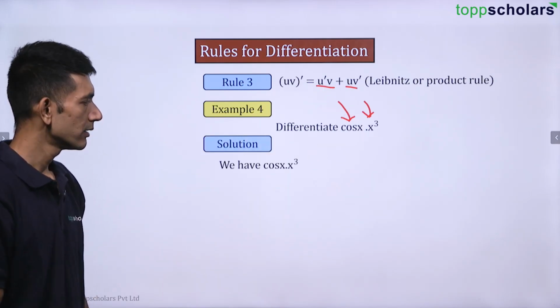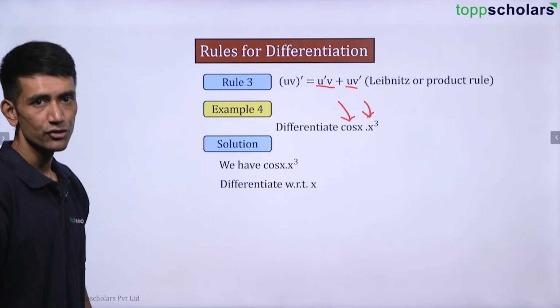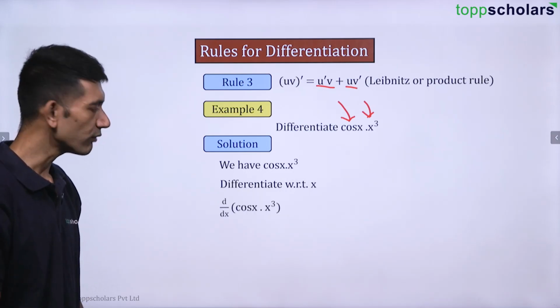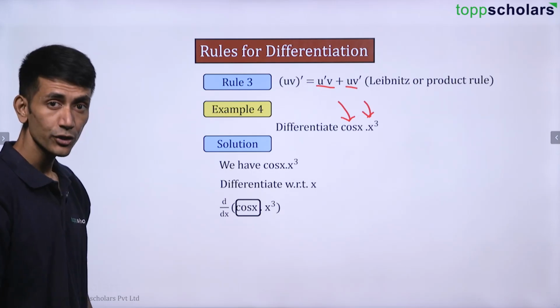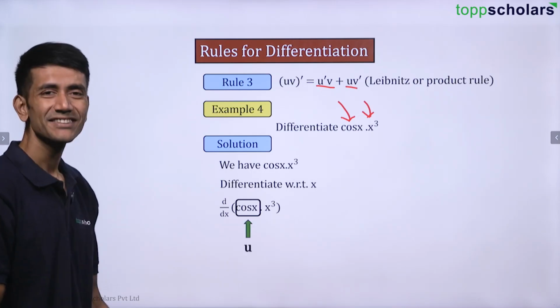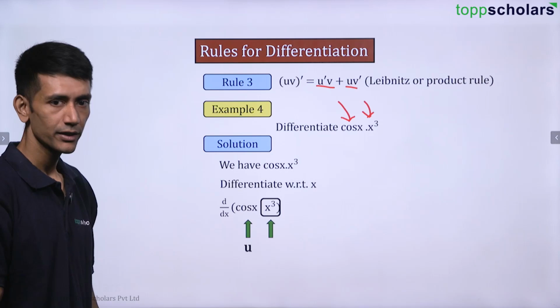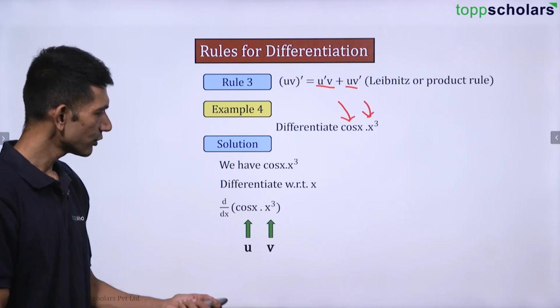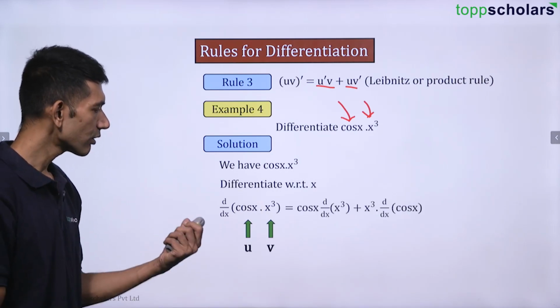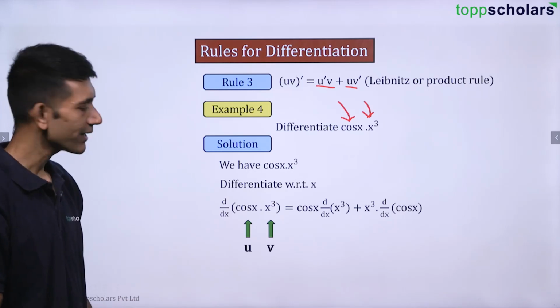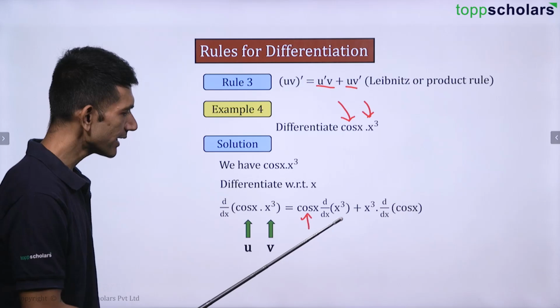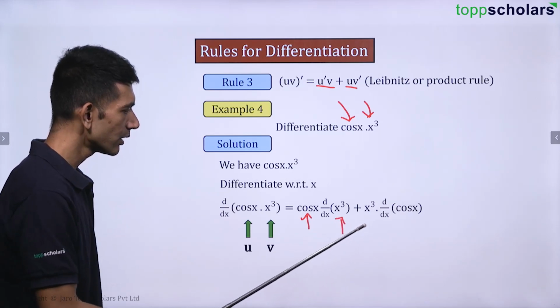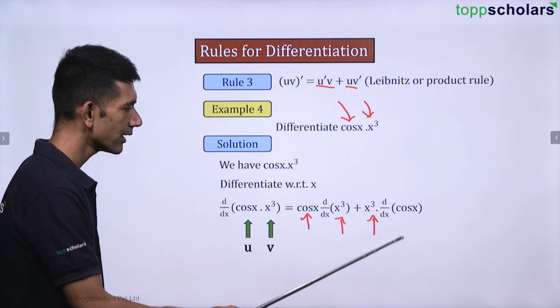Let's continue. So here we'll differentiate with respect to x, that is d by dx of cos x multiplied by x cube. So cos x is your u, x cube is your v. Correct? Clear? So that will become u derivative of v plus v derivative of u.